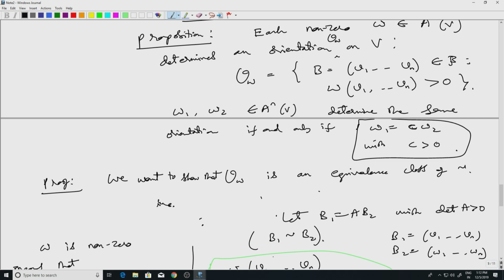It is picking out not a single form, but rather a sort of half line of forms. So all positive multiples of a given form is the same thing as having an orientation.